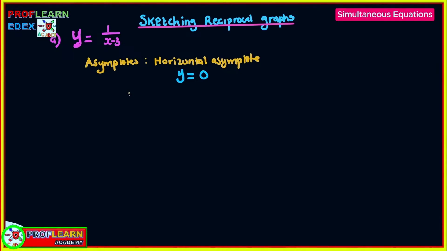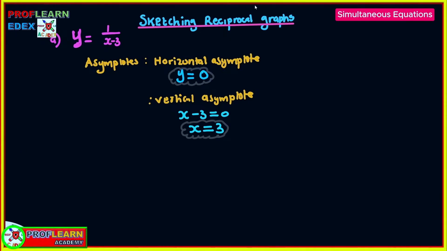It remains plus 0. So the horizontal asymptote is y equals 0, right? And then we have the vertical asymptote. We can see the denominator is x minus 3. So we say x minus 3 equals 0. Then we take 3 to the other side. So x equals 3 is the vertical asymptote.